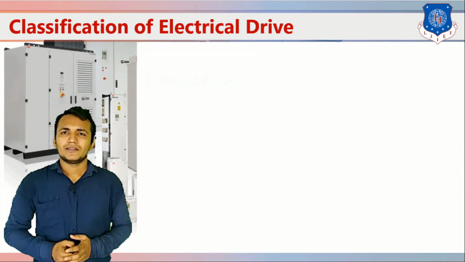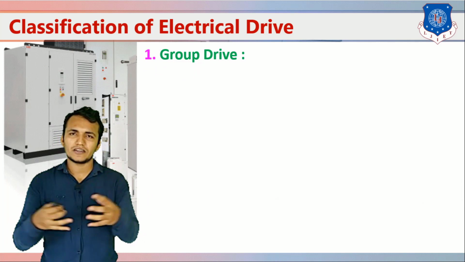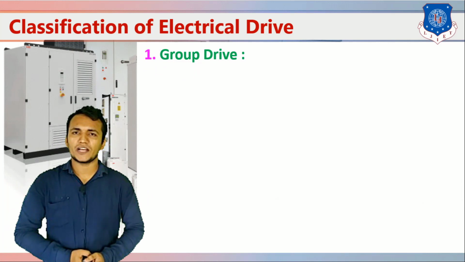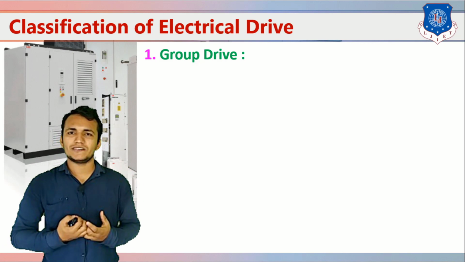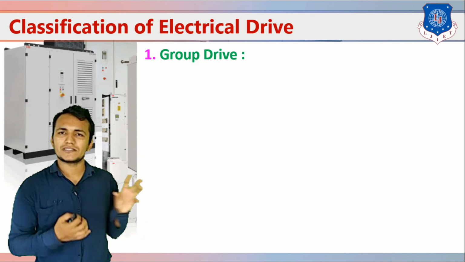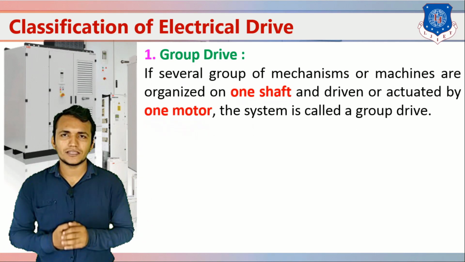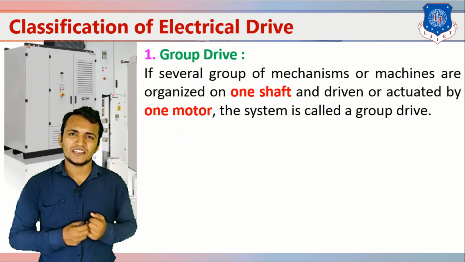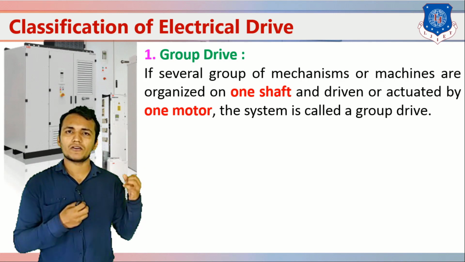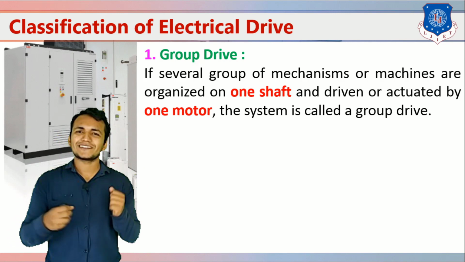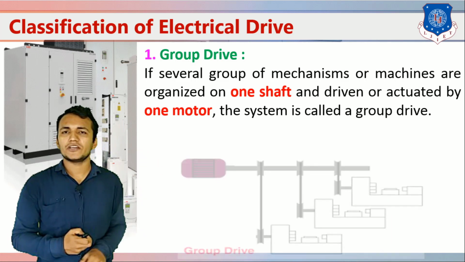First, group drives. If several groups of mechanisms or machines are organized on one shaft and driven or actuated by one motor, then the system is called a group drive. So that is the definition.